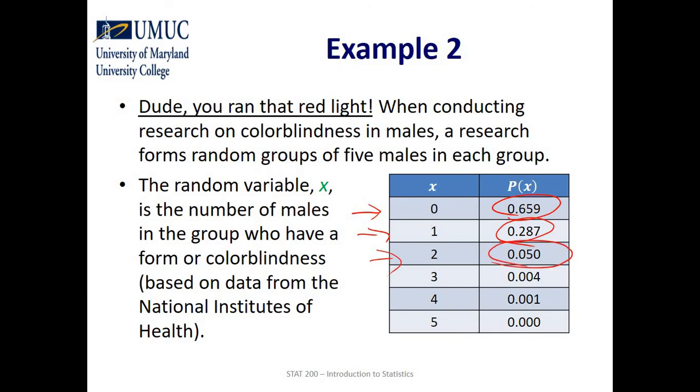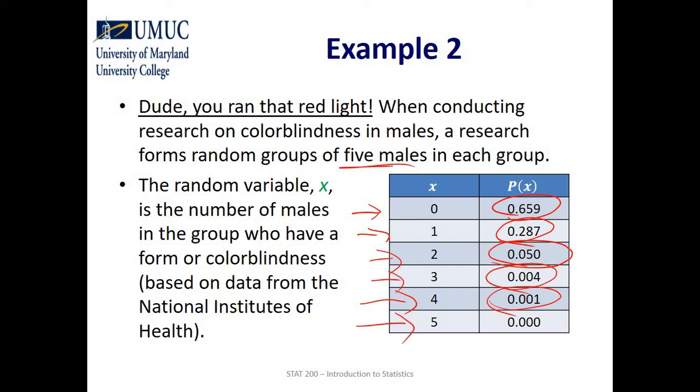The probability that any particular group has 2 people with some form of color blindness is 0.05. The probability that in a group of 5 people, 3 of them have some form of color blindness is 0.004, and the probability that 4 of them do is 0.001.